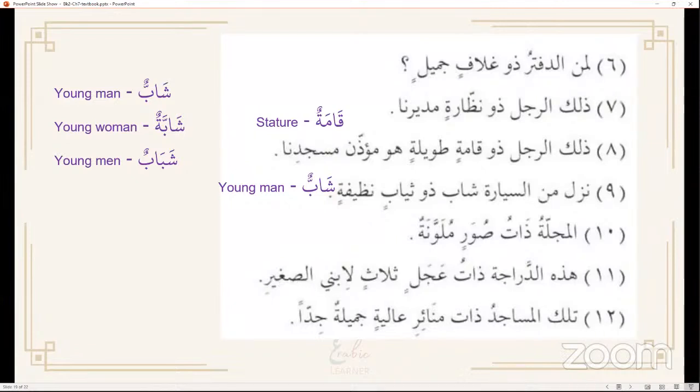تلك المسجد ذات منائر عالية جميلة جدا. So what the sentence is trying to say is تلك المساجد ذات منائر عالية جميلة جدا. So those masajid, those mosques, plural, okay, with aliyah meaning high minarets, high beautiful minarets.